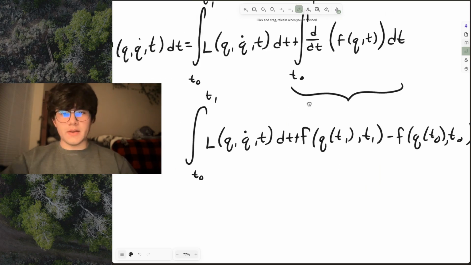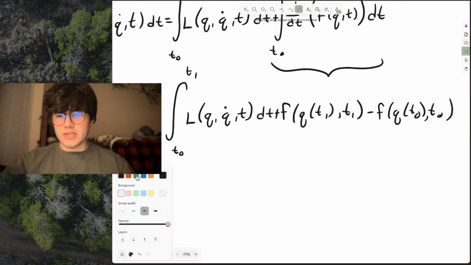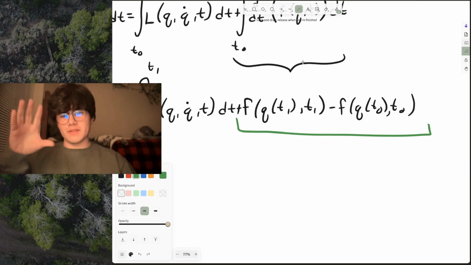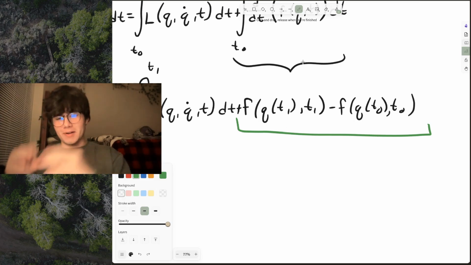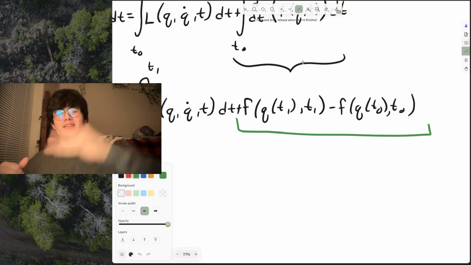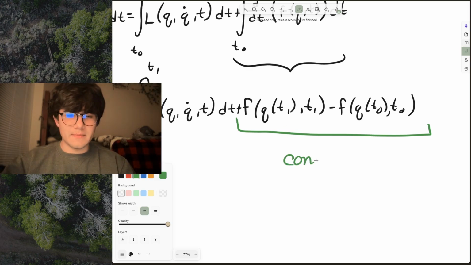What you'll notice here is my action is effectively just changing by some constant, right? So we're evaluating this function, which is still arbitrary, at the boundary conditions: where the particles start and where they end, and when time starts and when time ends. There's no integral here. We're effectively just adding some constant.